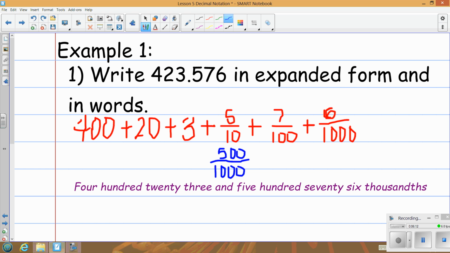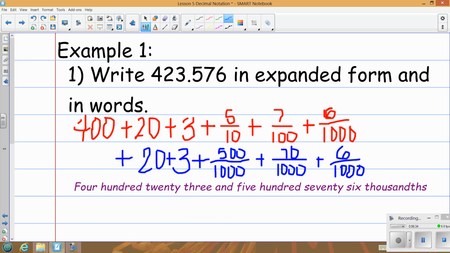For the 7/100, to make that 1,000 in the denominator, I would have to multiply that by 10, so I'd get 70. And then the 6, it's already in 1,000. So basically, we have our 3 and our 20 and our 400 still. The reason why we call this 423, so that's the first part, is that's where our decimal point is.